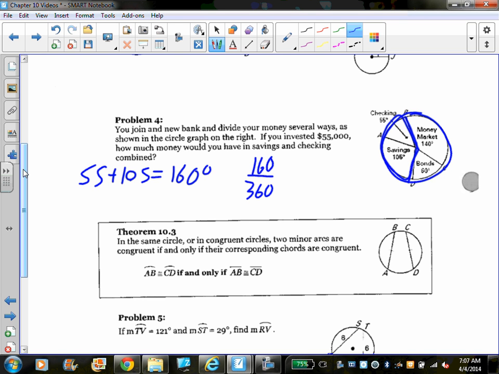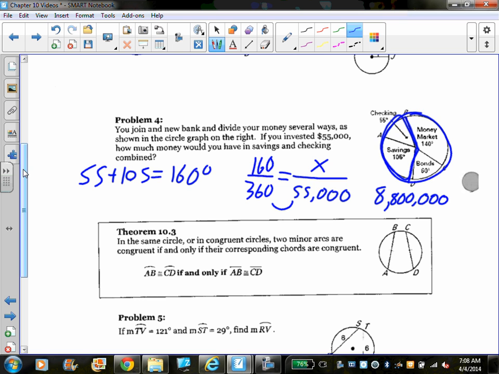So how do we complete the proportion? We know that altogether there are $55,000, and that's matching up with the total 360 degrees in the circle, and we are looking for this amount up here. From there, it's just a matter of cross multiplication. So we'll have 160 times 55,000. That gives us 8,800,000.